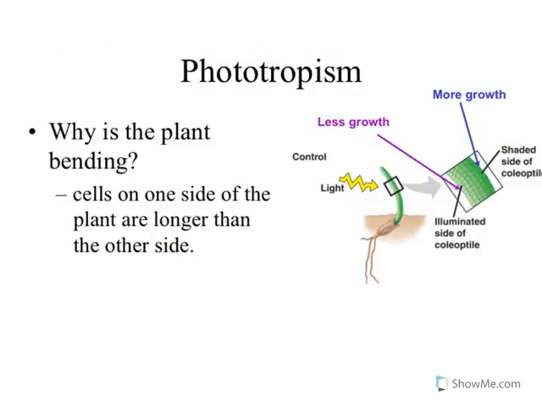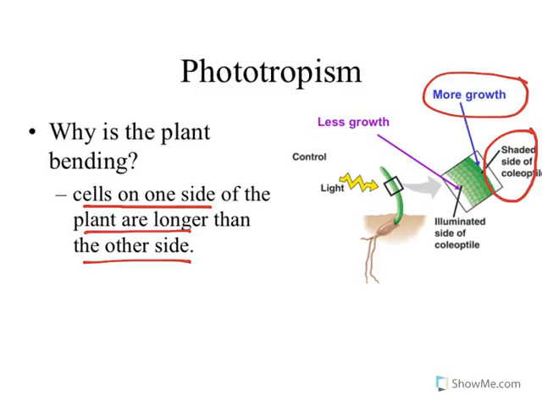So to answer the question, why is the plant bending? The reason is because the cells on one side of the plant are longer than on the other. The side of the plant that is shaded, that's where you see more growth. These cells are longer, and they grew longer because of the hormone auxin.